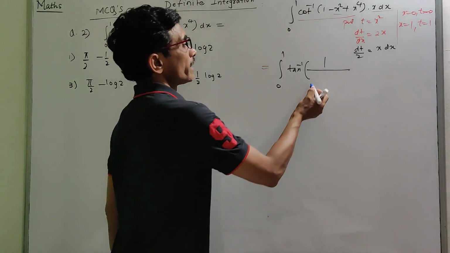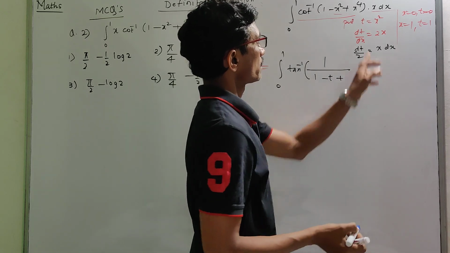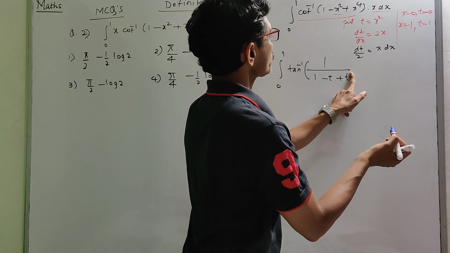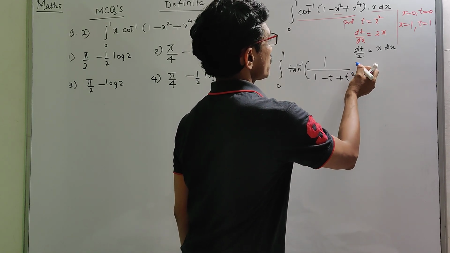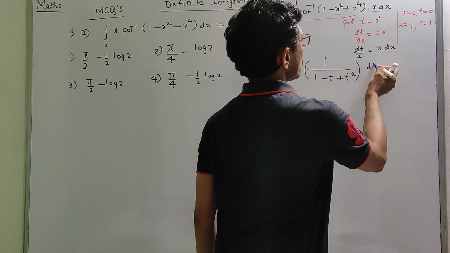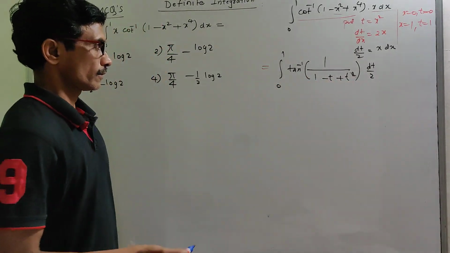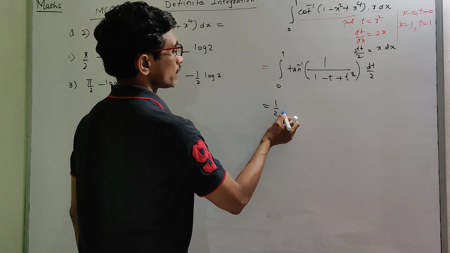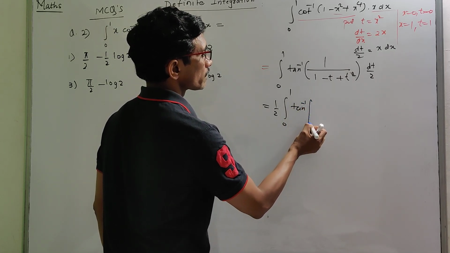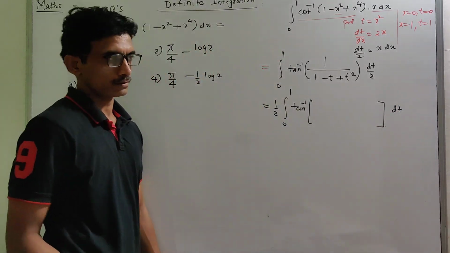So 1 minus x square, we substitute x square equal to t, gives 1 minus t plus x to the power 4, obviously t square, and x dx is equal to dt upon 2. So 1 by 2 we can take outside. 1 by 2 integral 0 to 1 tan inverse of, here dt is left.